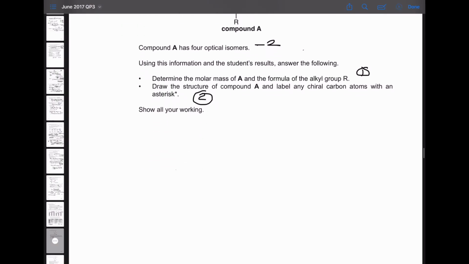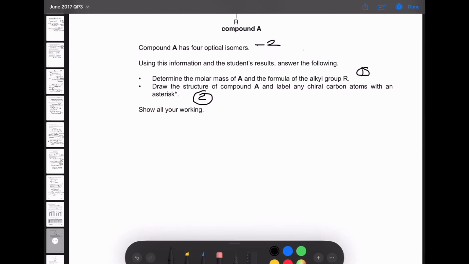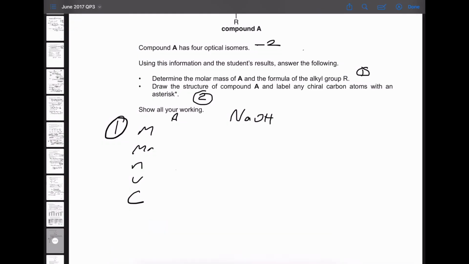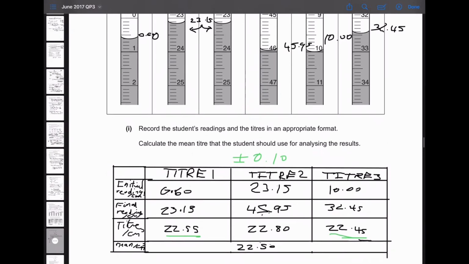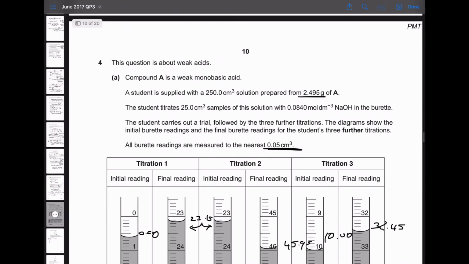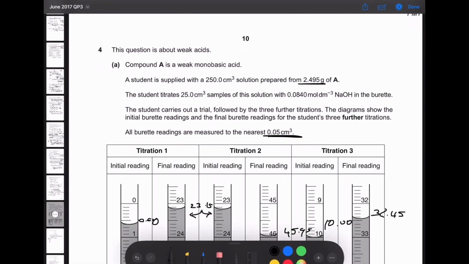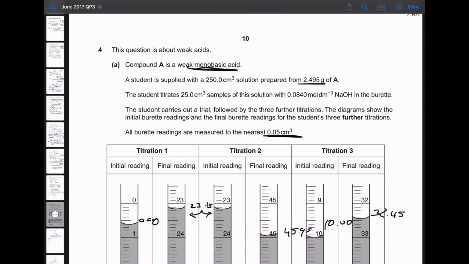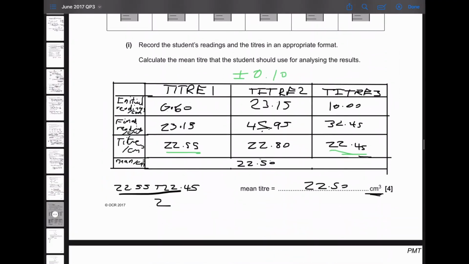So let's do our titration calculation first. So part 1. If we have our compound A and our NaOH, we know these are going to react in a 1-to-1 ratio because it says in this question that it is a monobasic acid, so it only reacts to form one water.